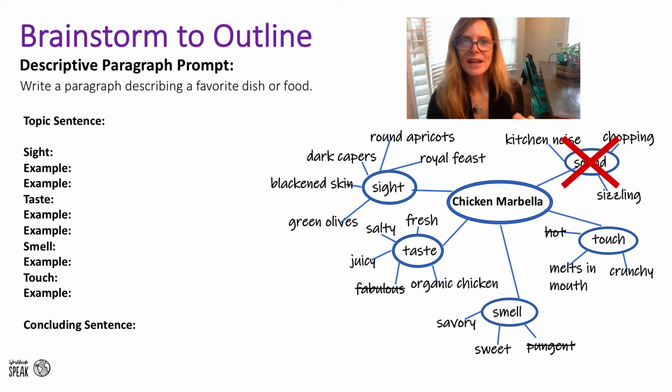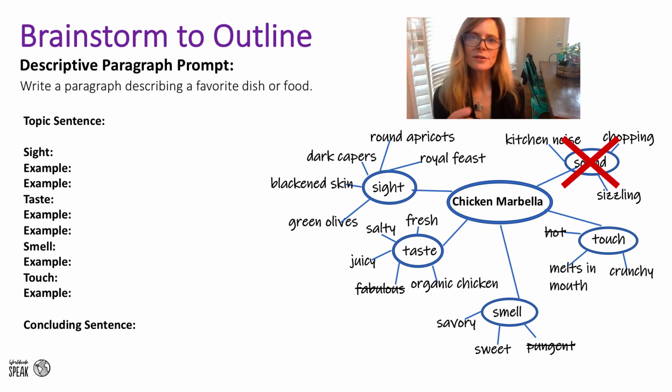And then, for each of those things that apply to sight or taste, etc. I had in the brainstorming video, I had crossed off sound because I thought that one didn't fit well in my paragraph. And then I also crossed off a couple other ideas that I didn't like. So I started already organizing even before my outline.